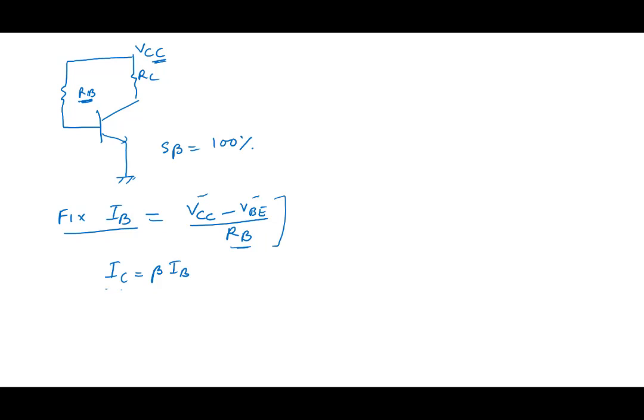But IC is directly proportional to beta. So IC will change, with 100% variation. So the strategy of biasing is wrong, because you're fixing IB, and so you're making IB very stable, but then IC is simply beta times IB, so IC is very unstable with variations in beta. So what should be the new strategy in the new circuit?